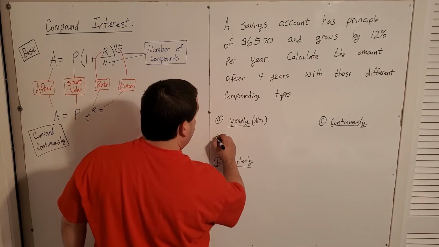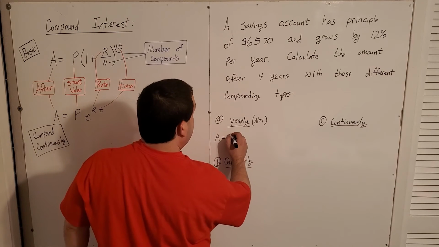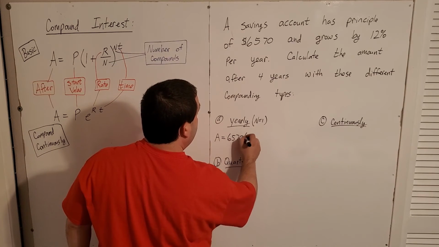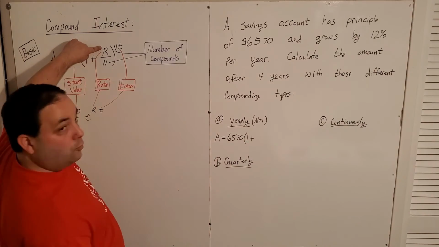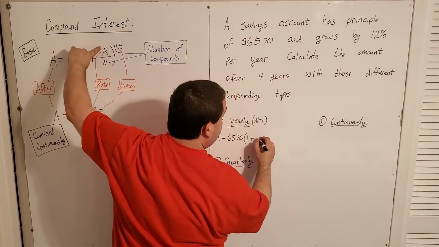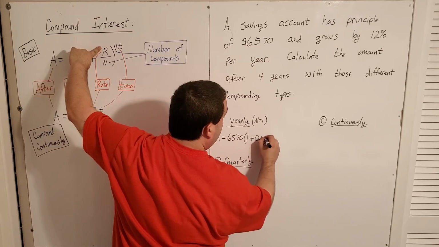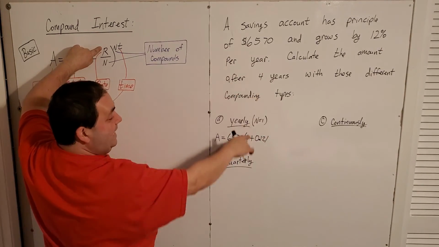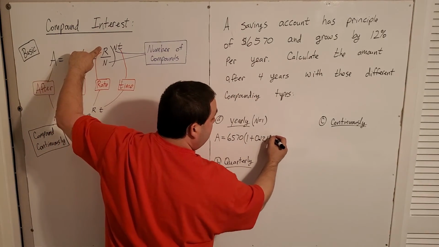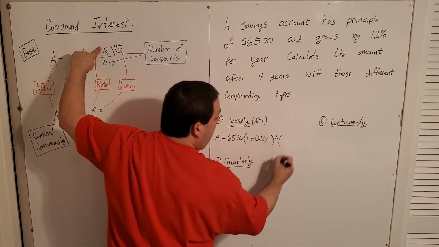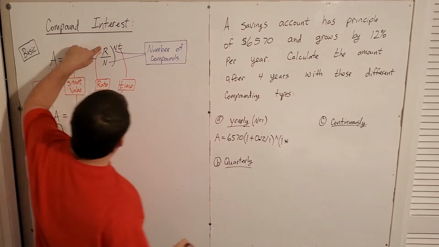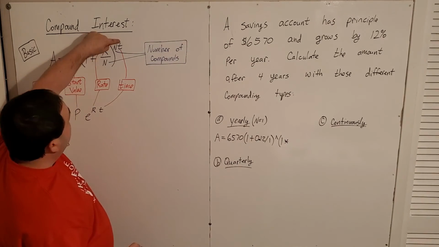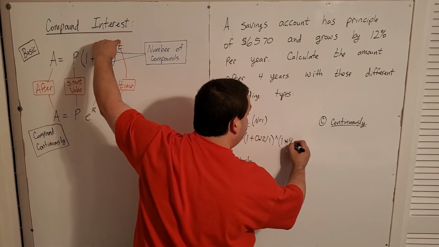A is going to equal 6,570 times 1 plus, R is the rate, so that's 0.12, divided by n, which is 1, raised to the power of n again, right? N is in both places, times t, so t is 4.